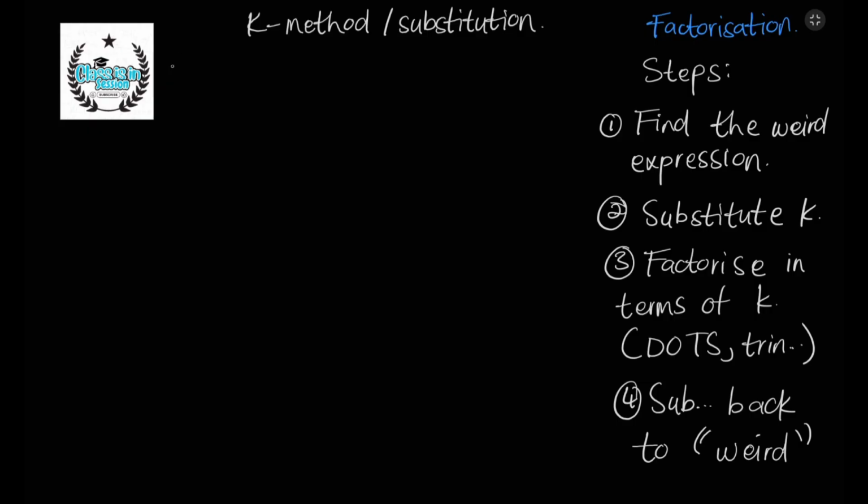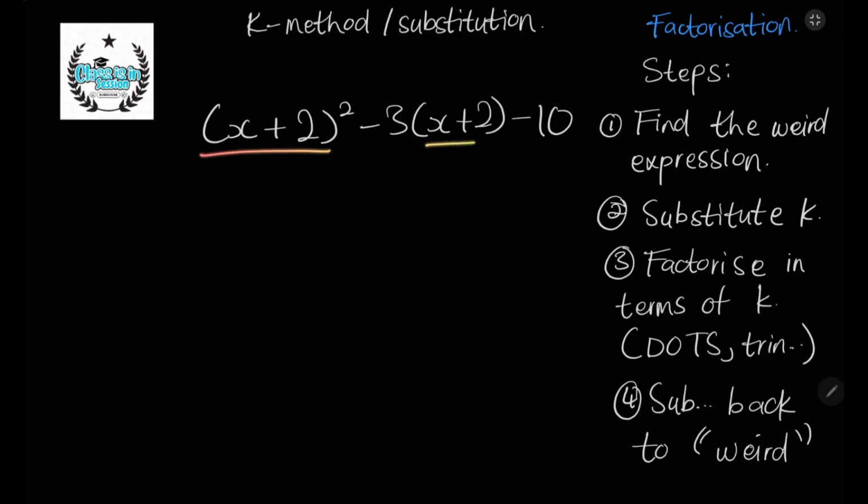For example, if you have (x + 2)² − 3(x + 2) − 10, let's look at this expression. Do you see what's going on? We have an x + 2 here and x + 2, however the x + 2 is squared. We have a negative 3 here, and a constant term which is negative 10.